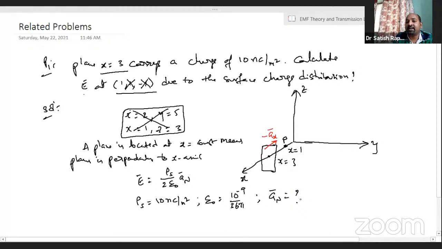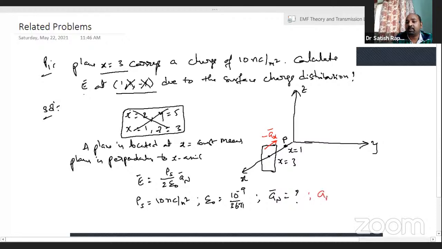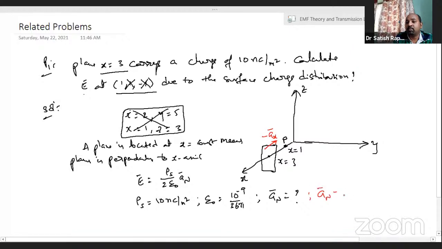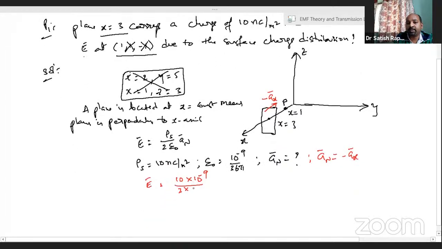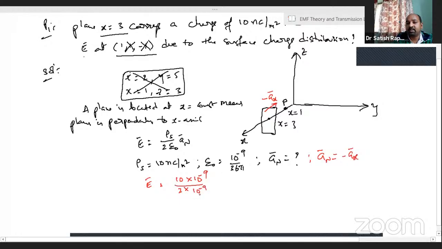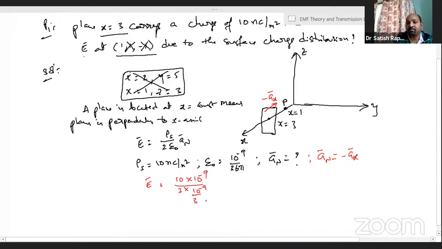So therefore, a n bar is equal to what? A n bar is equal to minus ax bar, right? So therefore, E bar is equal to 10 into 10 power minus 9 divided by 2 into epsilon naught. Epsilon naught is 10 power minus 9 by 36 pi, right?